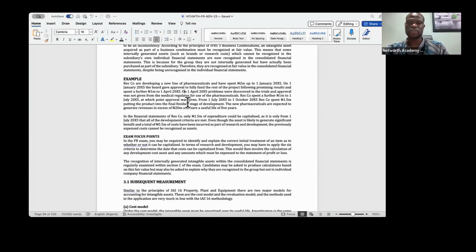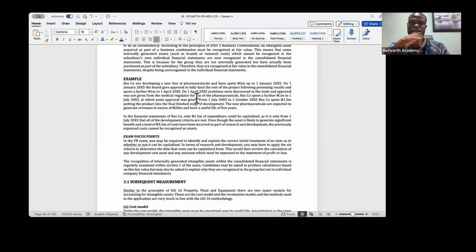They now said on 1st April 2005, problems were discovered in the trials, and approval was not given from the medical regulator for use of the pharmaceuticals. Okay. And they said Resco spent a further 1 million to 1st July 2005, at which point approval was given.